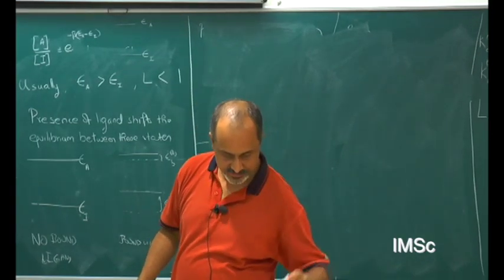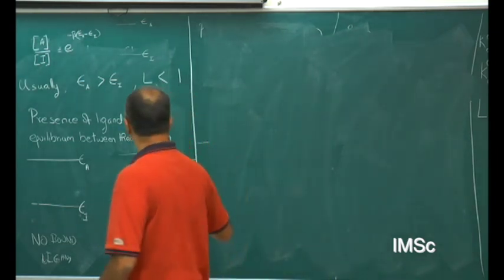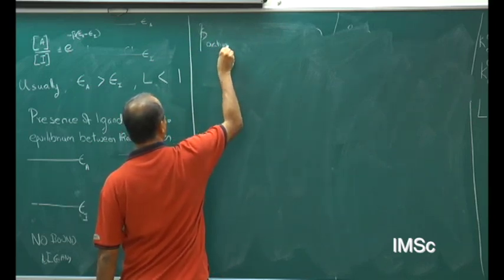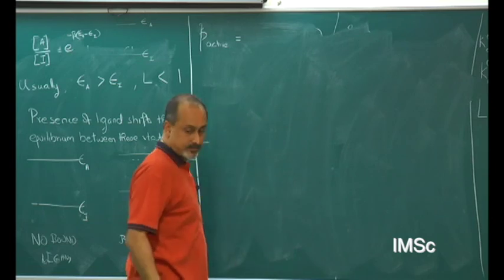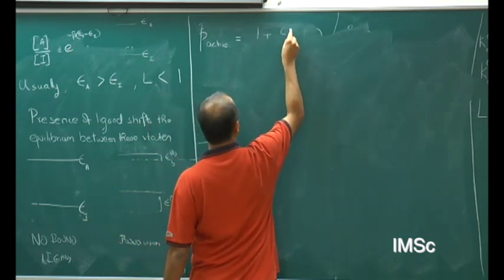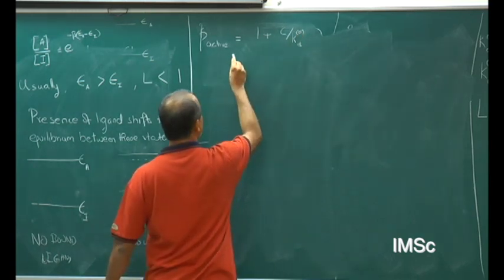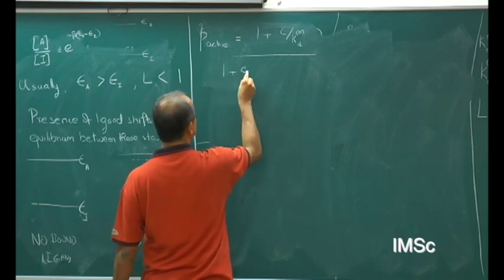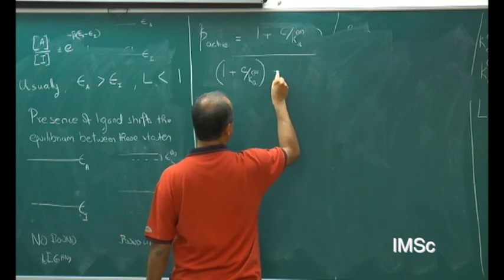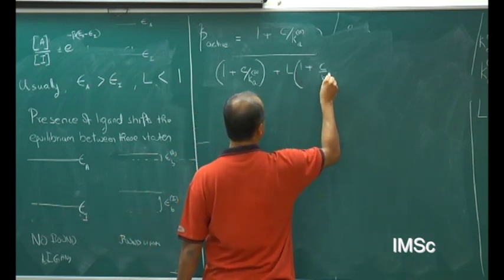So let me just write down the results that I had the last time in that convenient notation. So we looked at P active and we wrote this as 1 plus C divided by K dissociation in the active state divided by the same thing, which is 1 plus C divided by K dA, plus I had a factor of L times 1 plus C divided by KD inactive.